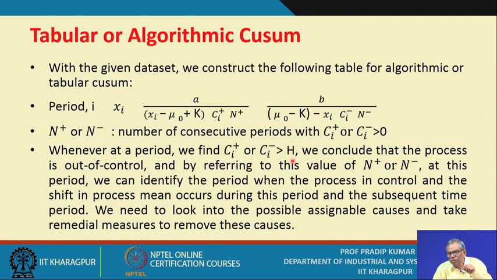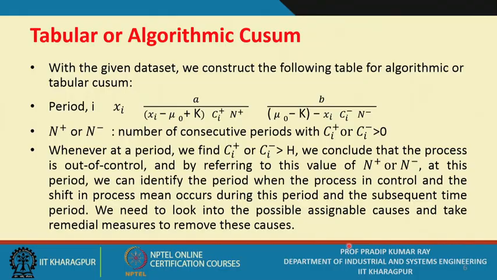But the question is that the trend has already occurred. It is not necessarily the case that when you conclude that the process has gone out of control, the out of control condition has occurred at the same sample point. The out of control condition has already occurred in some of the previous samples.